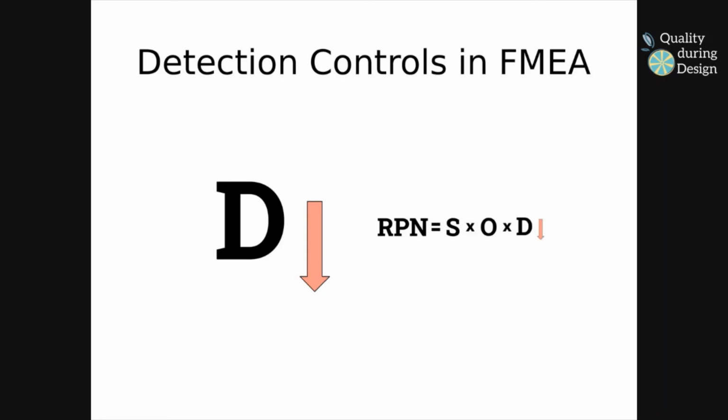A change in detection controls affects the detection rating itself and the RPN. We don't see as many effects to our risk measures by implementing more detection controls. That makes sense for an FMEA and for the real world.